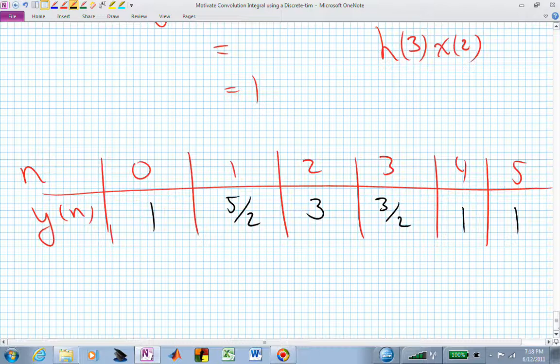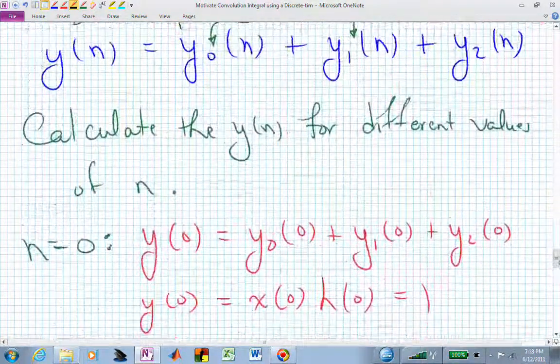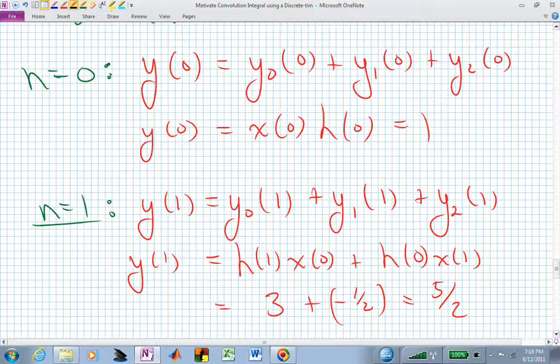We had a pulse response of duration 3, we had an input of duration 2. It's no coincidence then that the total response has a duration 5, which is 2 plus 3. You can now see that if you look at all of these pieces that we've built up, here is the piece due to y of 0.